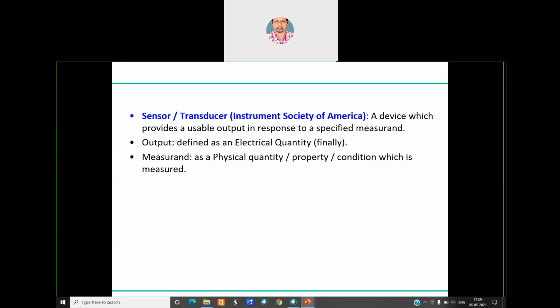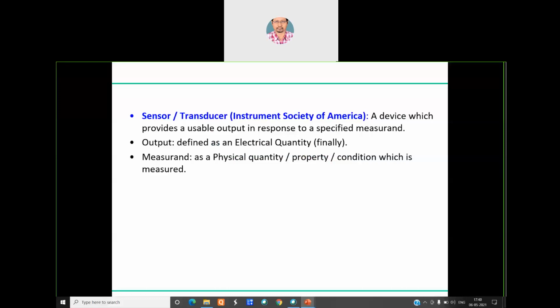And you need a device which can provide a usable output. What do you mean by usable output? That is the output which can be truly available in the same way as it is available. If it is available in electrical form, I can directly store it, memorize it, save it, or process it using my laptop or dedicated computer and reach a decision.